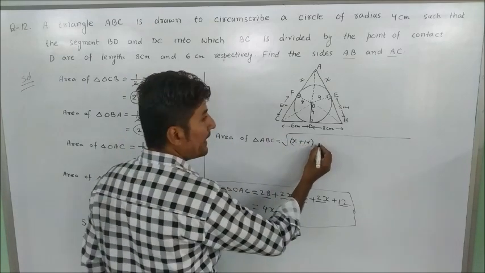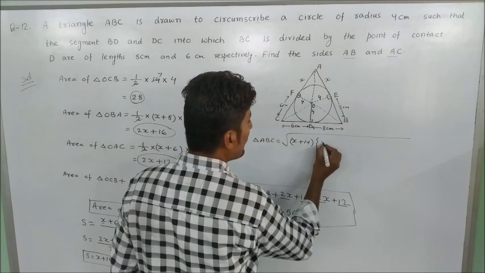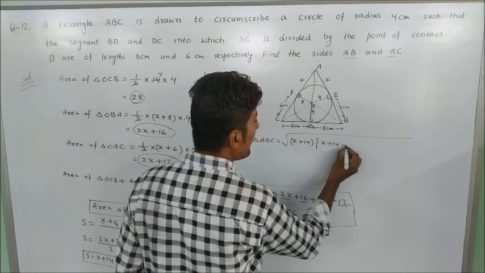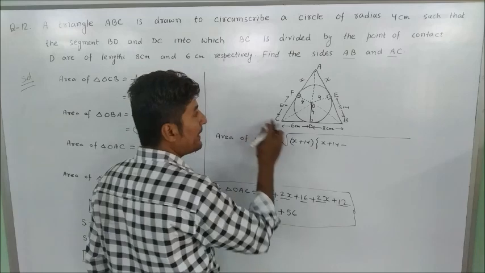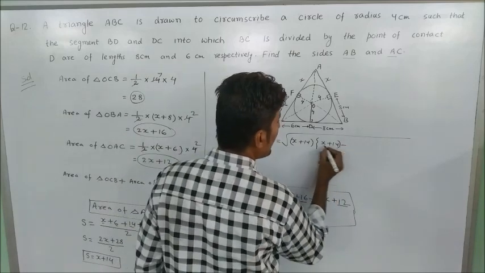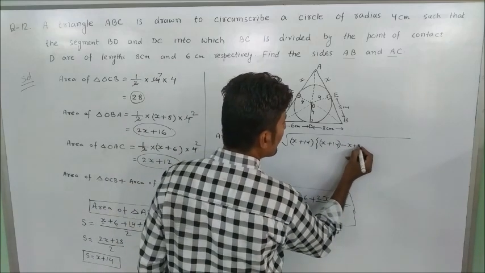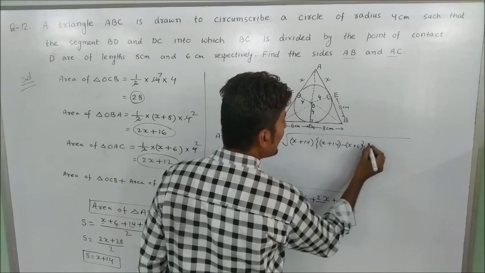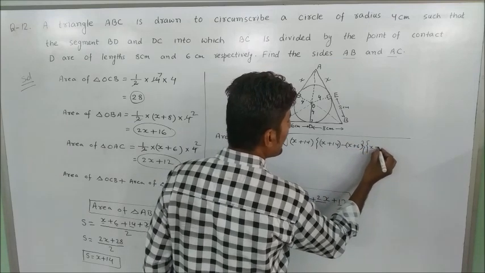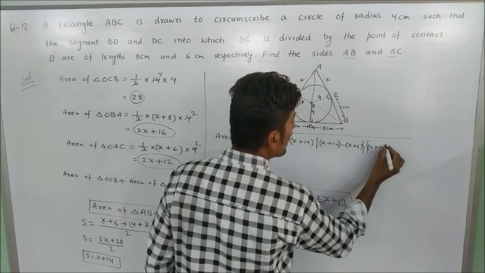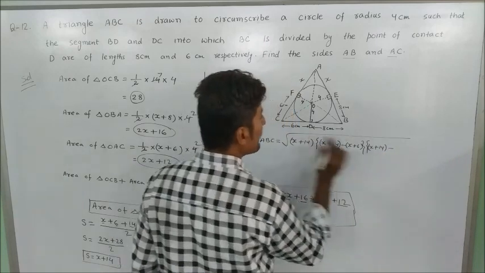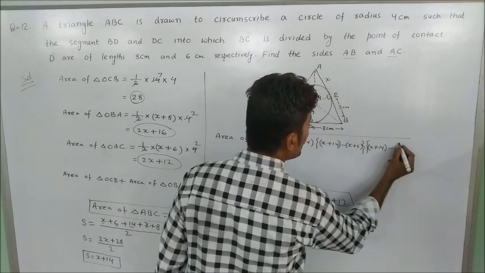Then S minus A, so we write x plus 14 minus the first side, x plus 6. Then S minus B, again x plus 14 minus the second side, 14.